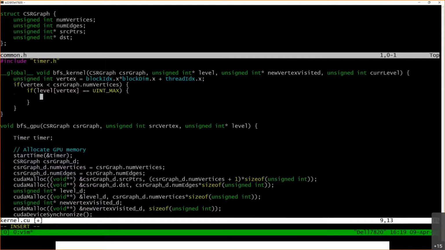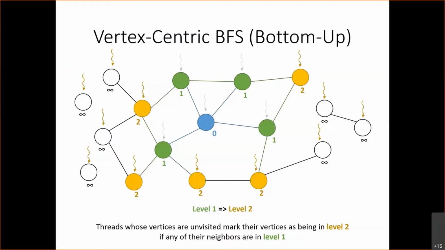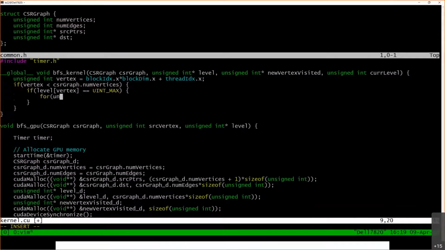In this case, I want to loop over my neighbors and check if any of them are in the previous level. So how do I do that? Well, same thing we did before: for unsigned int edge is equal to csrGraph.sourcePointers[vertex]; edge is less than csrGraph.sourcePointers[vertex + 1]; and then plus edge.